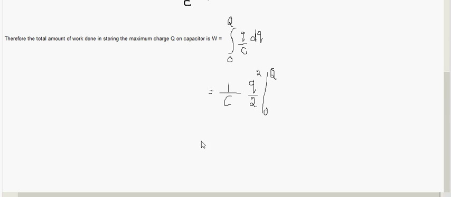So we will get W is equal to half into Q square by C. This is one equation.